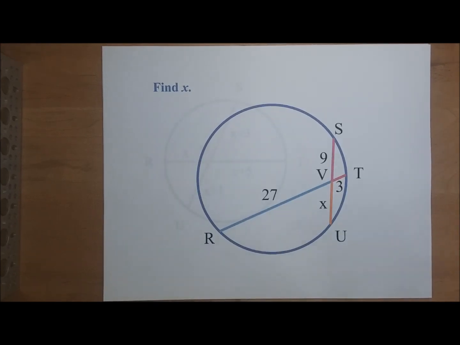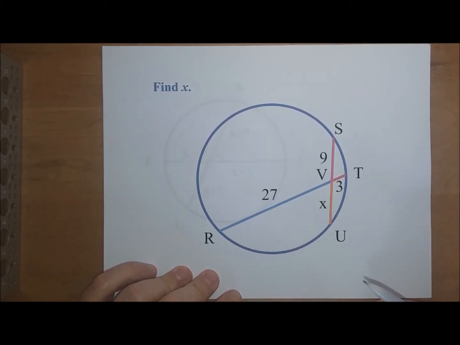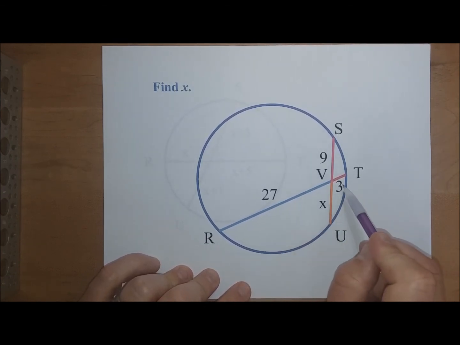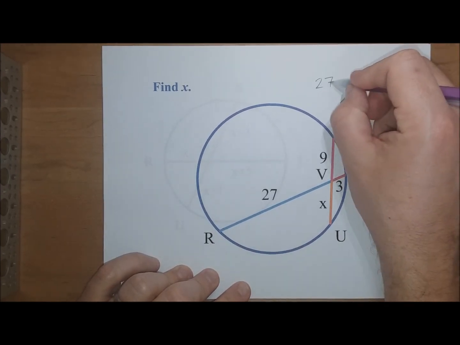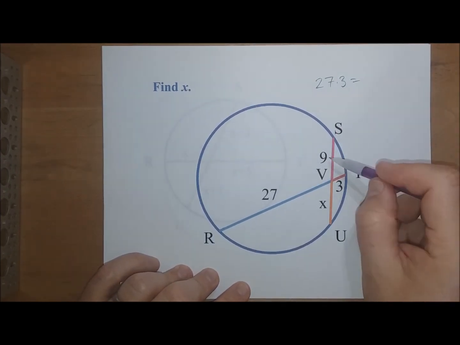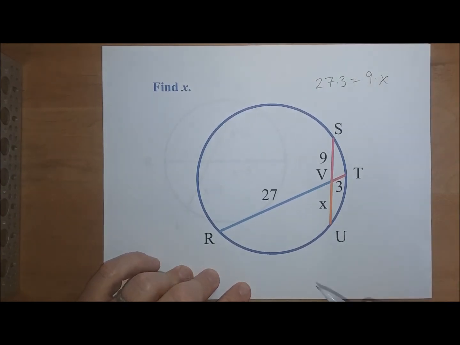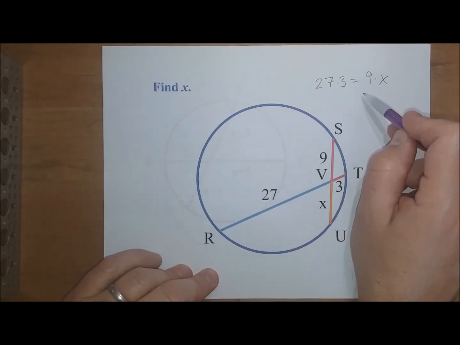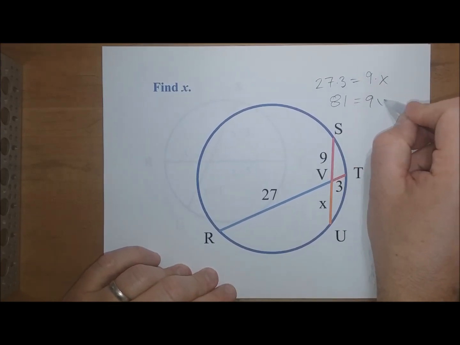All right, based on our circle theorem 15, could we find x? We've got two chords, RT and SU, that intersect inside the circle. And so the product of their segments should be equal. So 27 times 3, this segment times this segment, should equal this segment times this segment, 9 times x. 27 times 3 gives us 81, which equals 9x.